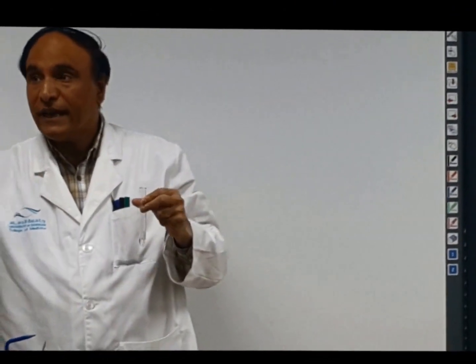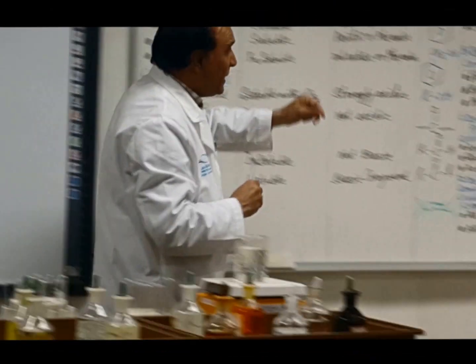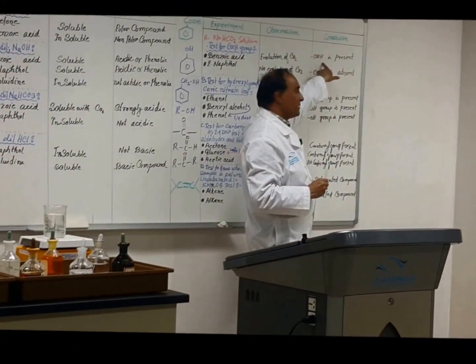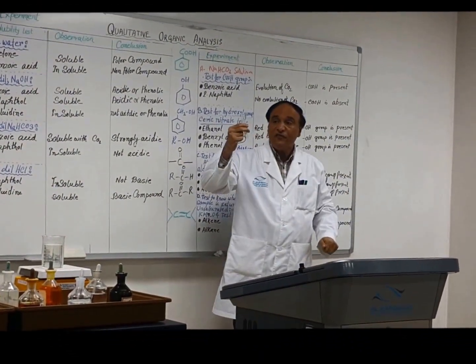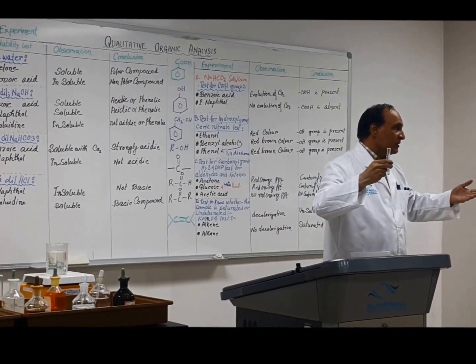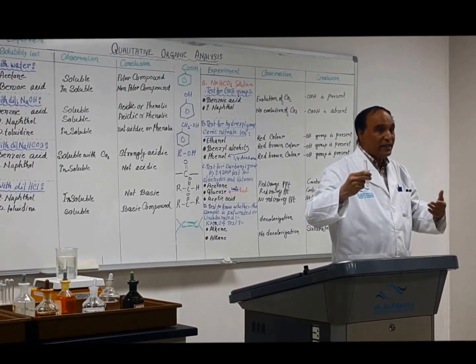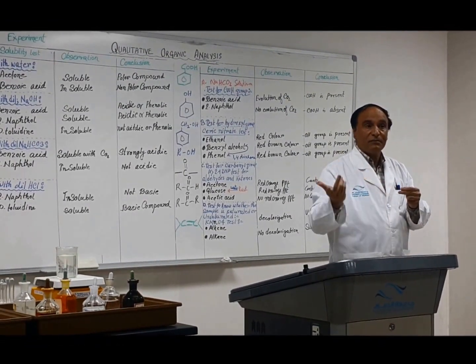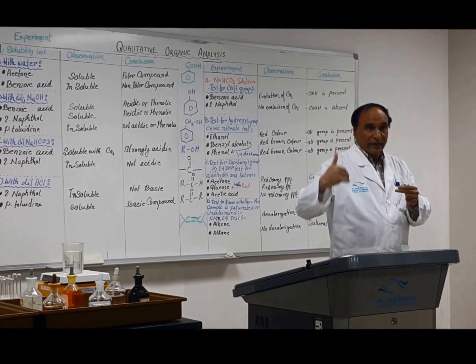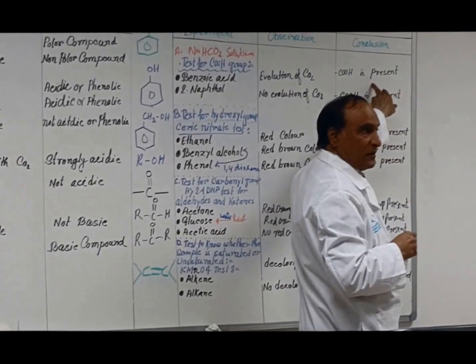Because we are doing organic chemistry today, that's why I am saying carboxylic acid is present. Otherwise, all the inorganic acids, hydrochloric acid, sulfuric acid, nitric acid, what are they? Inorganic acids. They also give the same test. So since we are doing organic today, that's why I am writing carboxylic acid is present.